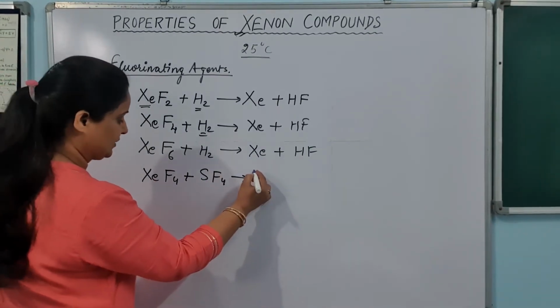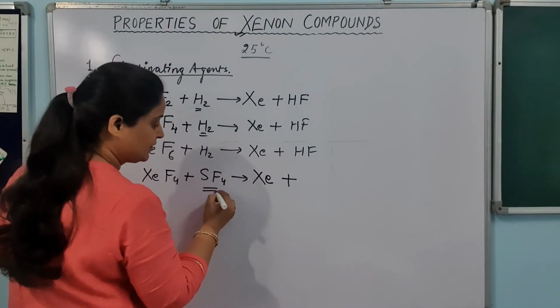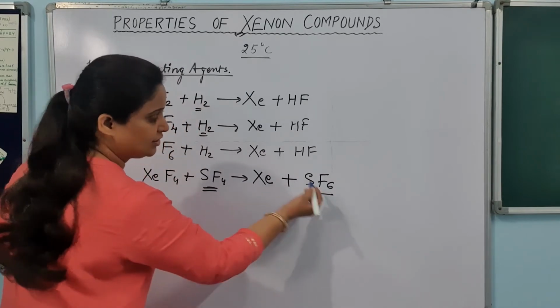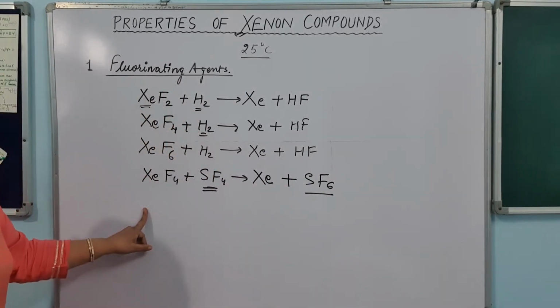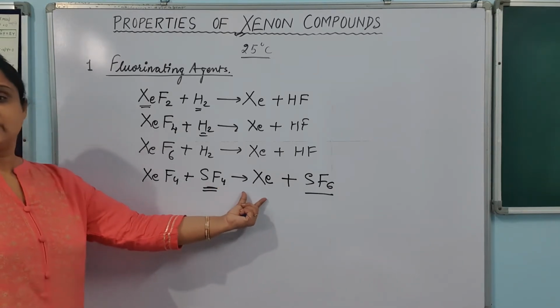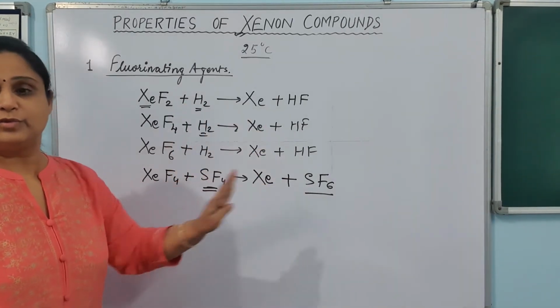So what will happen here? Xenon will remain free and sulfur tetrafluoride will convert into sulfur hexafluoride. So SF6 will be formed and xenon will remain free. Same kind of reaction, मतलब xenon free हो जाएगी और दूसरे को अपना fluorine पकड़ा देगी.